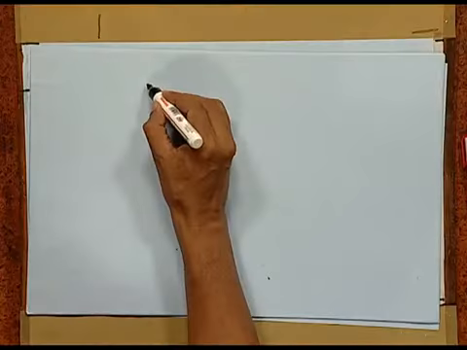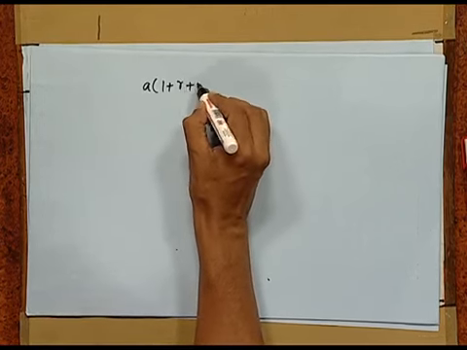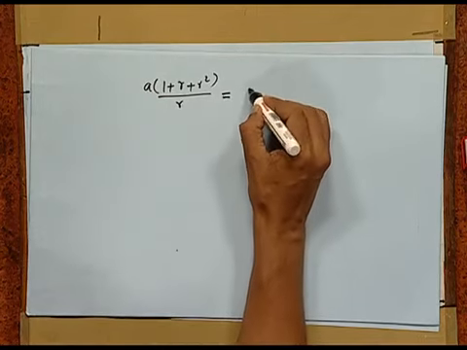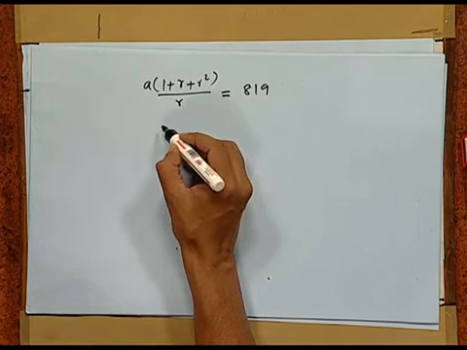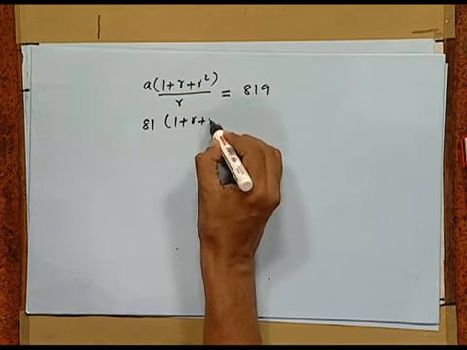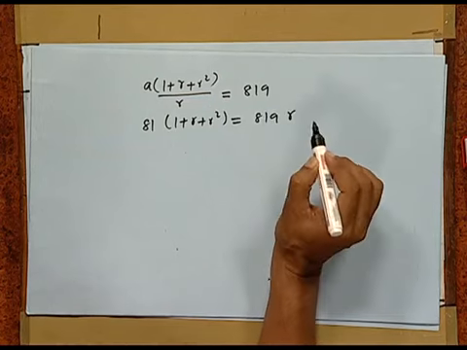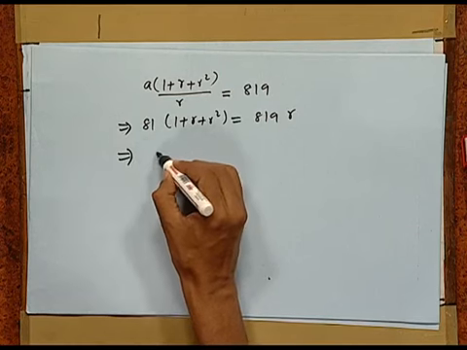We had the equation A times 1 plus R square upon R is equal to 819. Here A is already found to be 81. So, we have 81 times 1 plus R square equals 819 times R. We cancel out 9 from both sides.